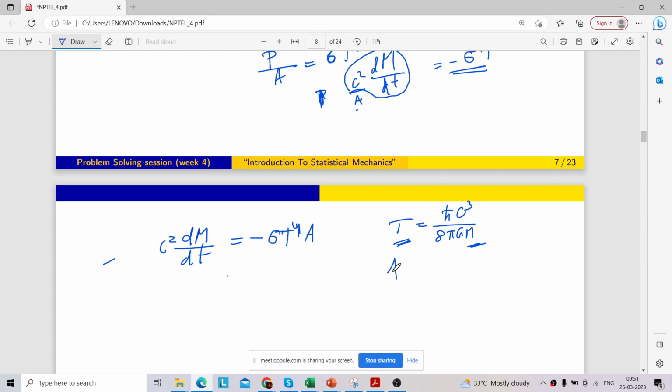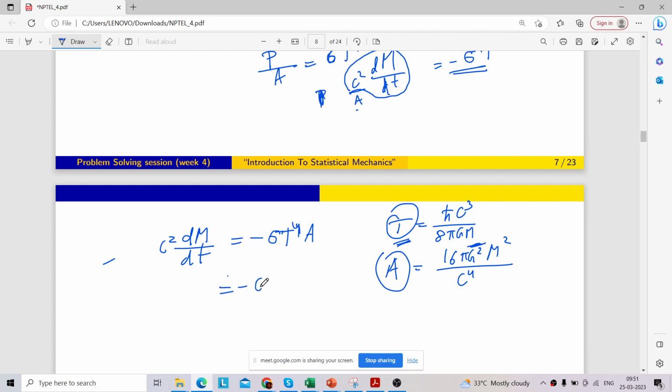We can calculate the black hole's area also in terms of its mass, and it will be 16 pi G squared m squared divided by c to the power 4. So we can substitute this A and T in this equation.